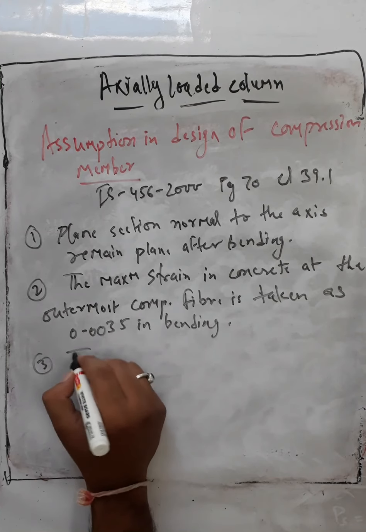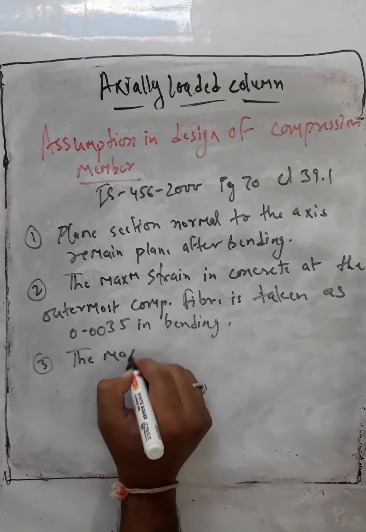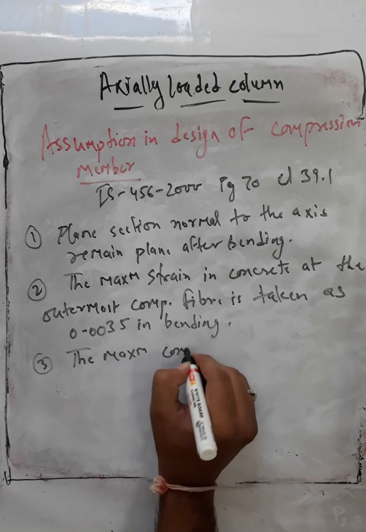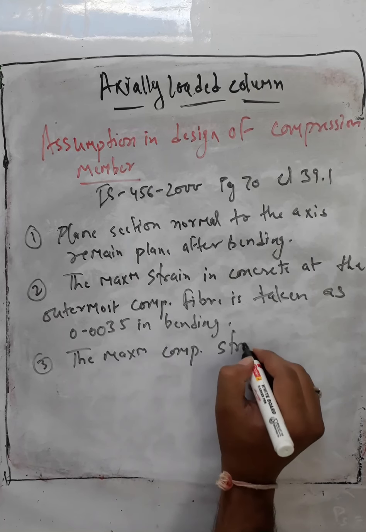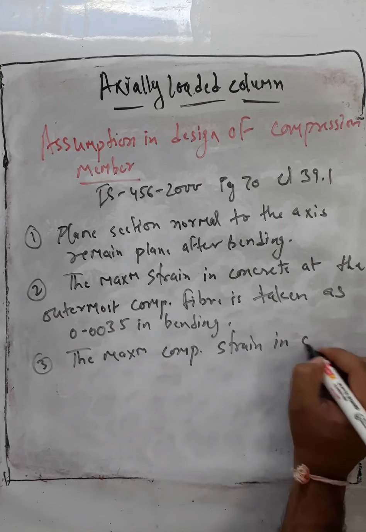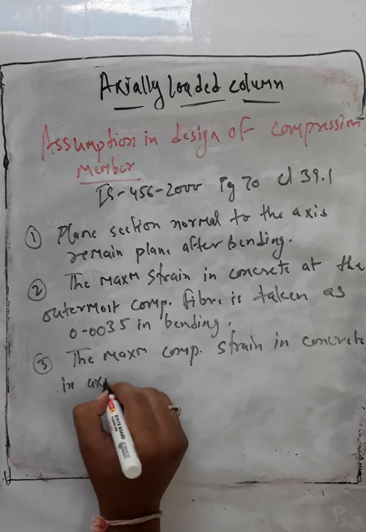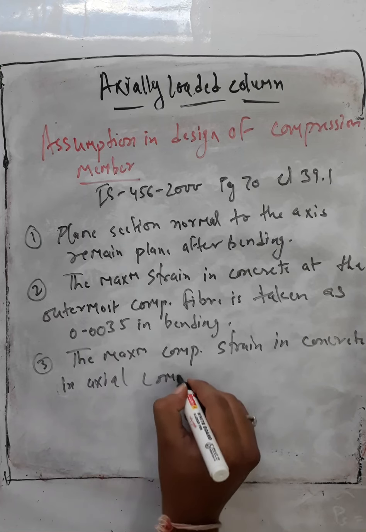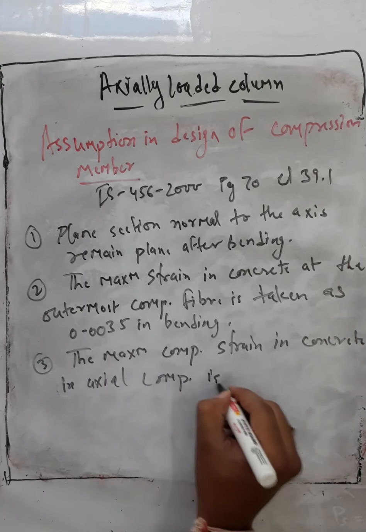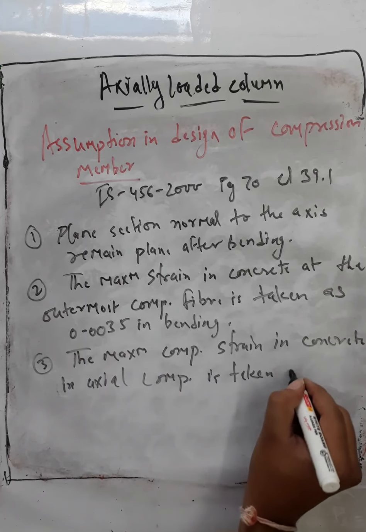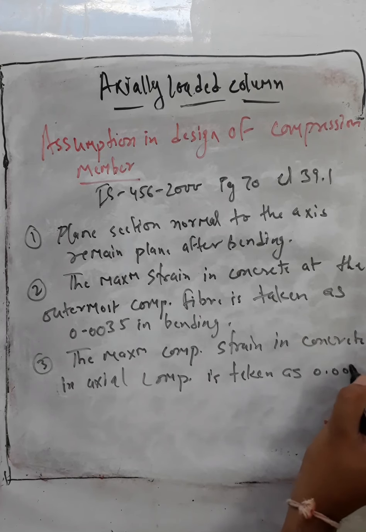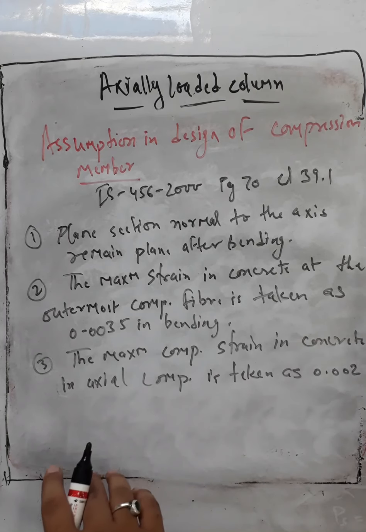The maximum compressive strain in concrete in axial compression is taken as 0.002.